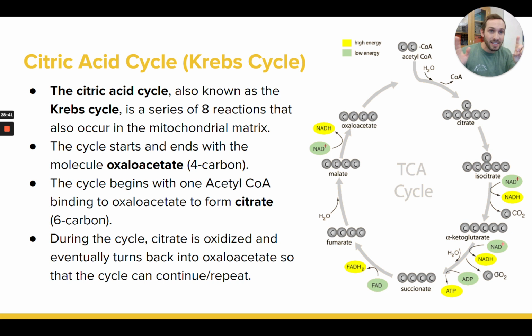So really, at this point, we've made 6 CO2s, each containing 1 carbon. Those were the 6 carbons that we started with in glucose. Those 6 carbons of glucose, we can say goodbye to them. They now are CO2 molecules. All those carbons have successfully been broken apart into carbon dioxide.